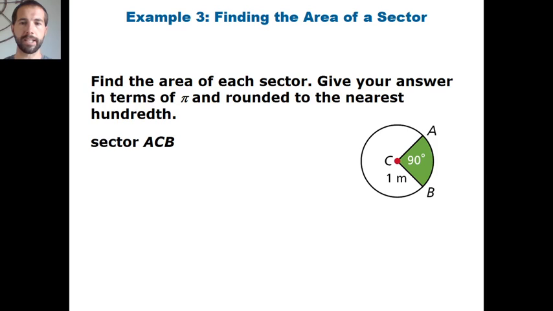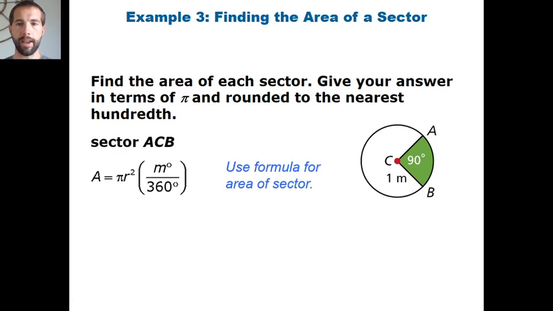All right, this next example, we have a radius of 1 meter. And then the sector is 90 degrees, which is a quarter of the circle. So really what you can do is you can just take the area of the entire circle and divide it by 4, since it's just 1/4 of the circle, or we just plug everything right in the formula. M is 90, r is 1.